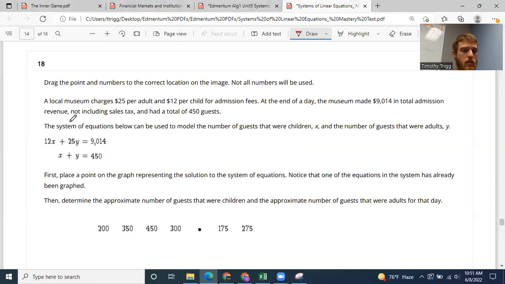So we can see the two equations here. These two equations should make sense because they bring in $12 per child, $25 per adult, and the total number of dollars, 9,014 for the day. Also, the number of tickets sold for children and adults was 450 total tickets, total guests.